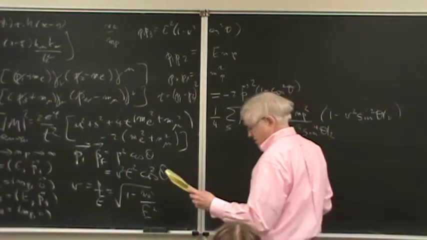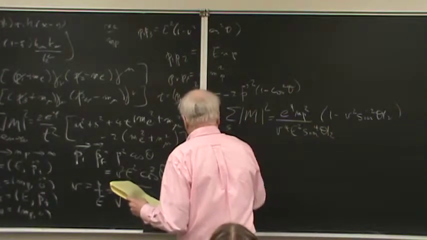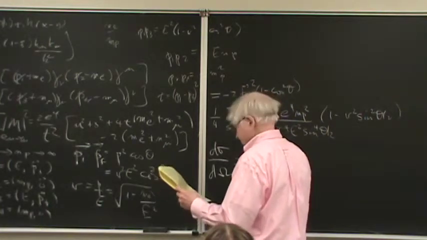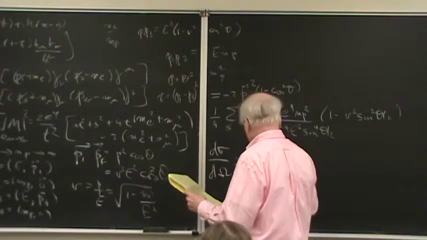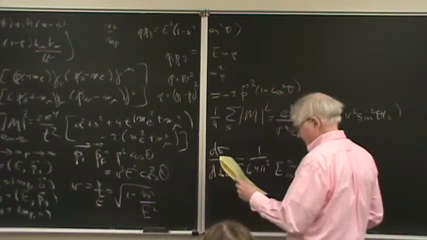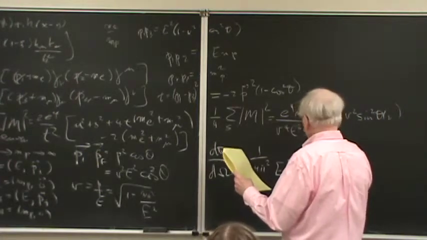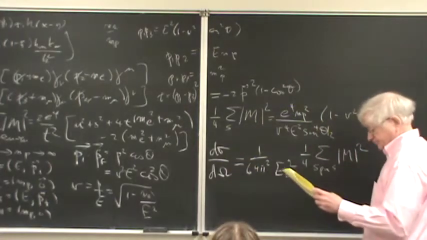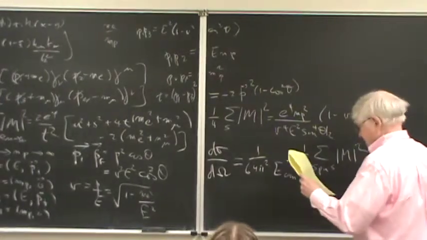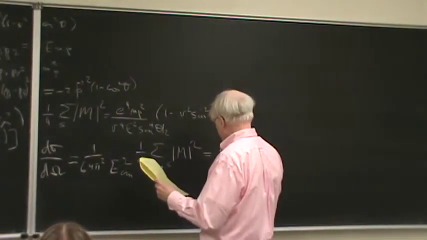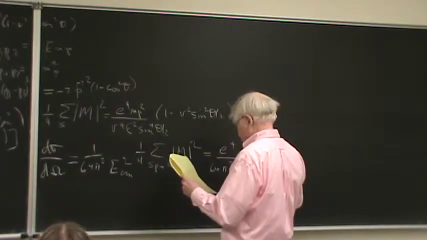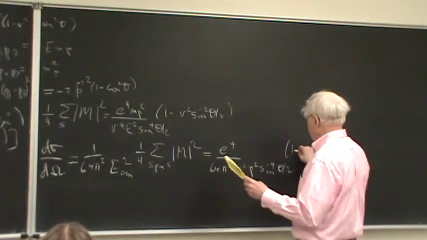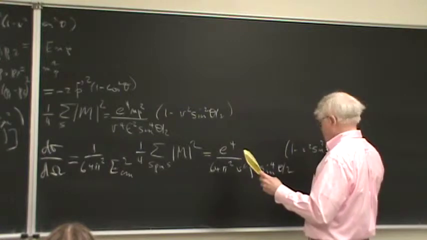And so the differential scattering cross-section, so this is electrons on protons in the limit of heavy protons, is 1 over 64 pi squared. And as I said, this is essentially center of mass, and it's 1/4 sum over spins of M squared, and this is then e to the 4th over 64 pi squared v squared p squared sine 4th theta over 2 times 1 minus v squared sine squared theta over 2.